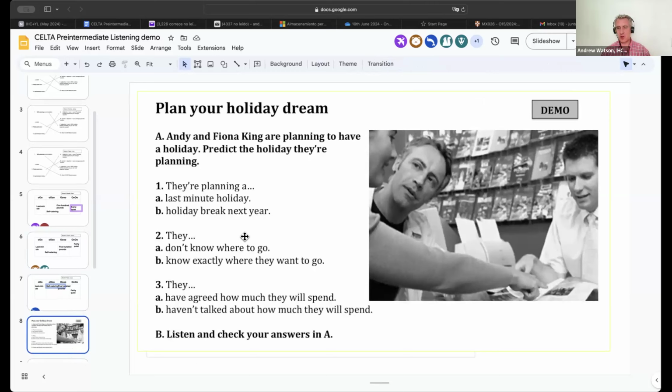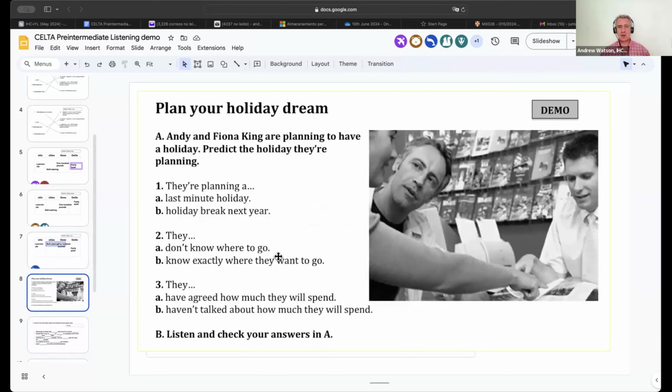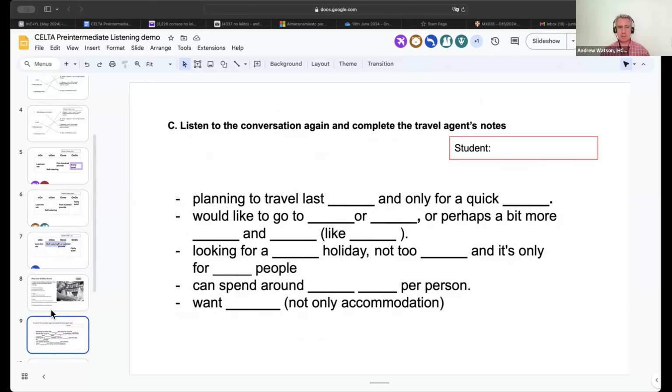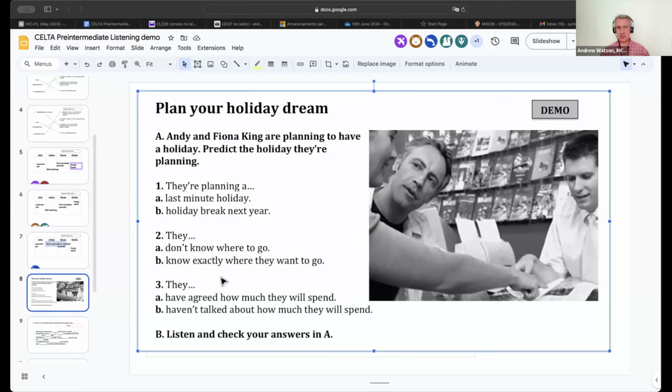Now, you're going to hear these words in the audio, so that's why I taught them. The first thing is Andy and Fiona are planning to have a holiday. Predict the holiday they're planning. Is it a last minute holiday or a break next year? Is it that they don't know where to go or they know exactly where they want to go?